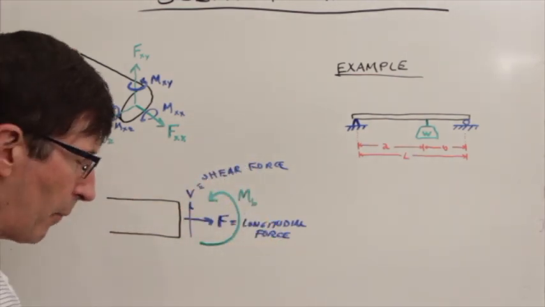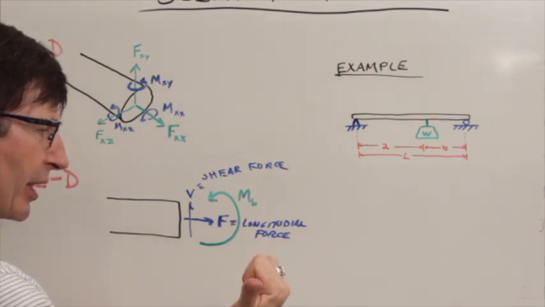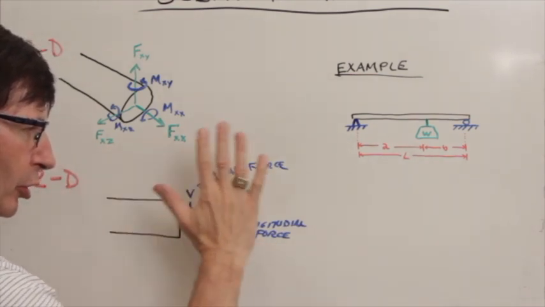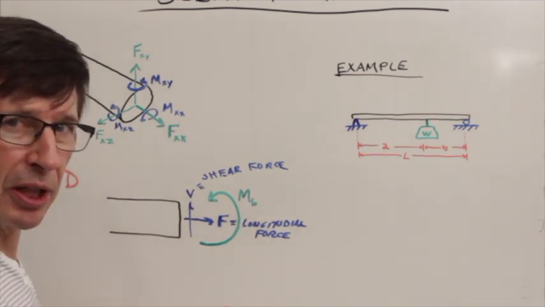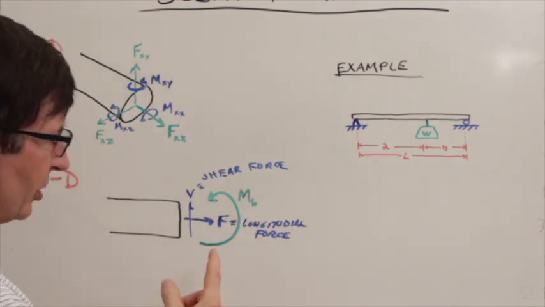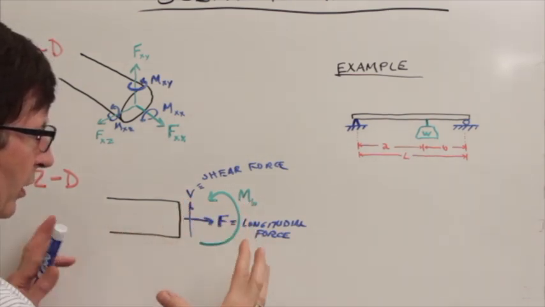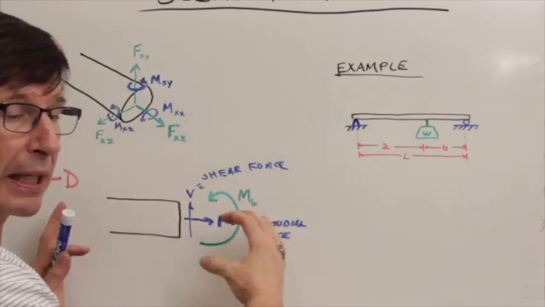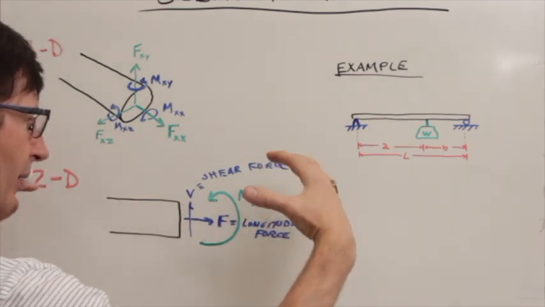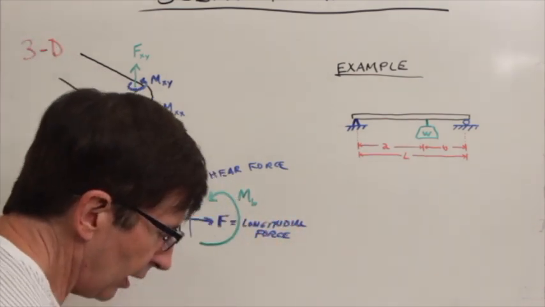And then the moment, there's only 1, and it's acting about the direction perpendicular to our 2D plane. We're going to give it a subscript B because this is going to be a bending moment, and it's going to tend to make our slender member, our beam, either smile or frown as we tend to bend it.